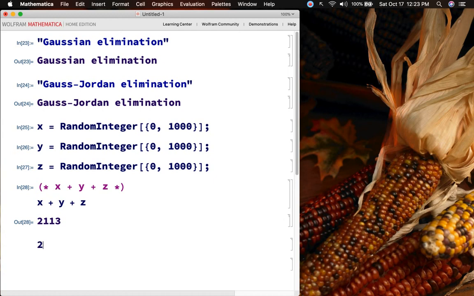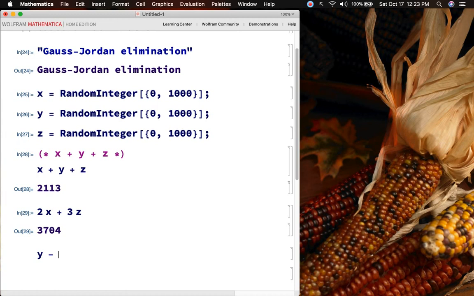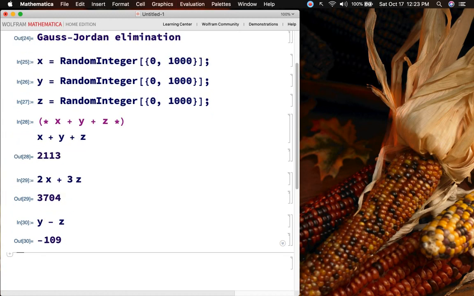And what about 2x plus 3z? That's going to be equal to 3,704. And then what about y minus z? That's going to be negative 109.